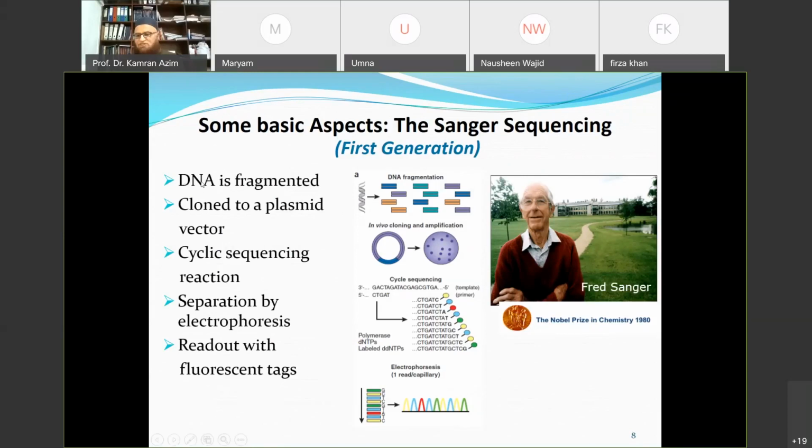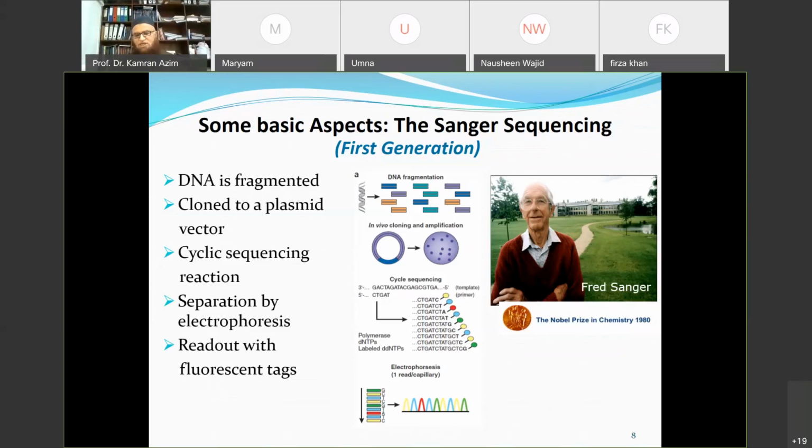We take the DNA, purify it from the cellular nucleus of the biological sample, and then do DNA fragmentation so that we have smaller pieces of DNA, because the DNA molecule is normally very long, millions of nucleotides long.